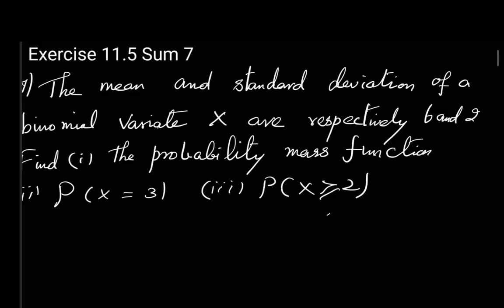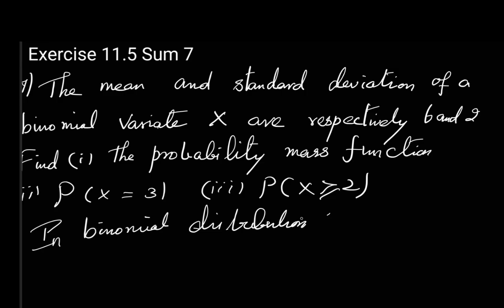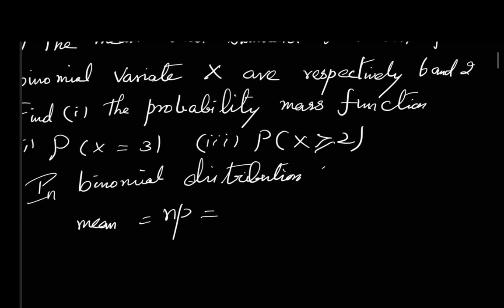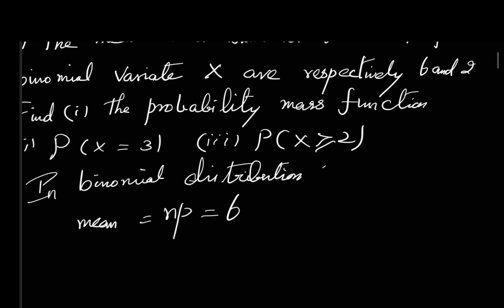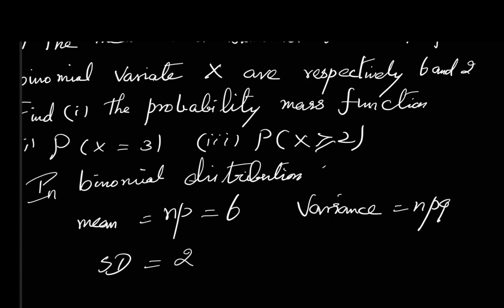So, given the mean in a binomial distribution, mean NP is given as 6, and the standard deviation is given as 2, but the variance is NPQ.